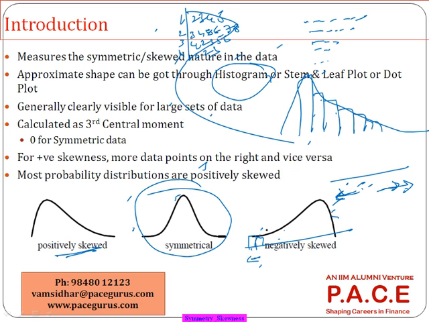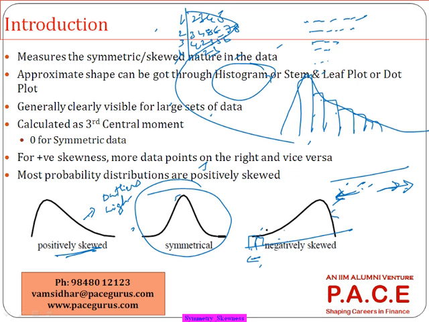So when the graph is more positively skewed, we say outliers are on the higher side. Higher side means very big values are there. 1, 2, 3, 4, 5, 100. There is some 100 in the data which is pulling towards the right.